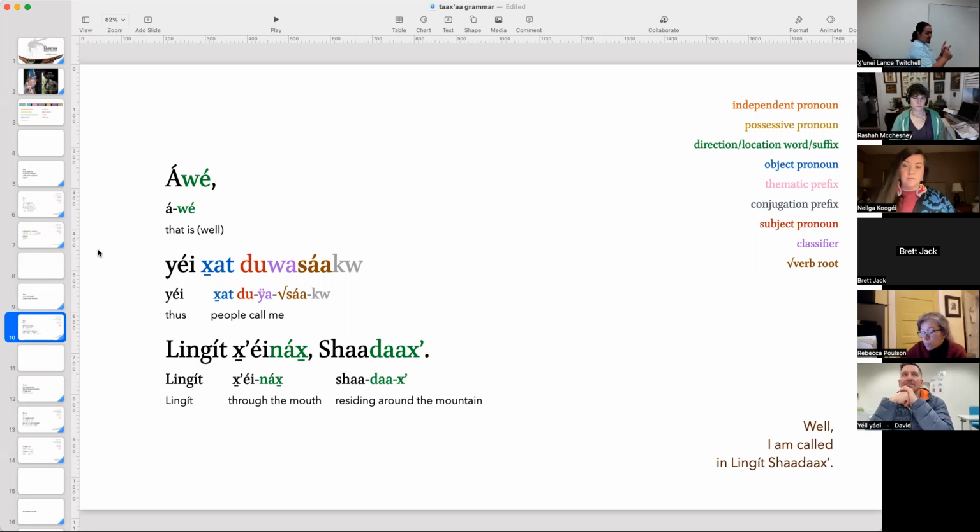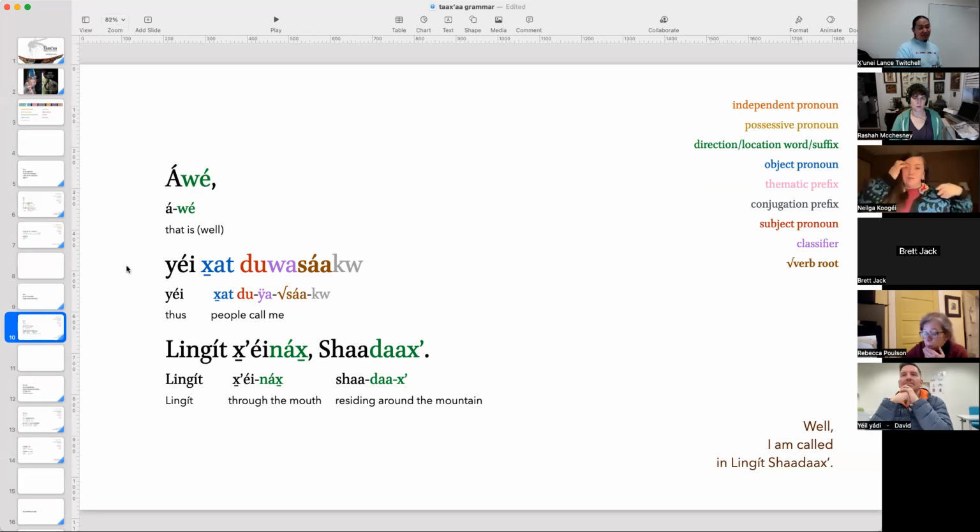Here's an example of when you say yechat duasak and when you say yuchat duasak. Can anybody tell us what the rule is? When the name immediately follows or not. If the name is immediately before the verb, yes, then it would be yu.